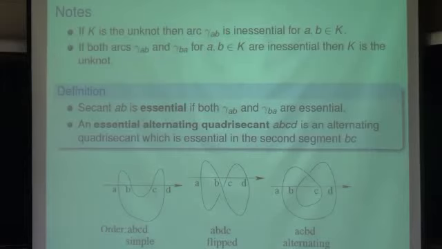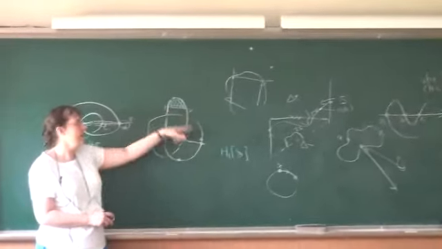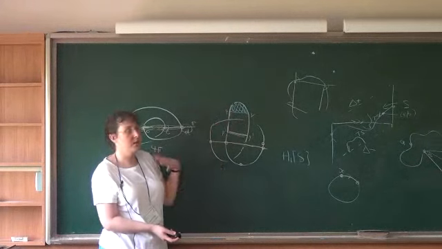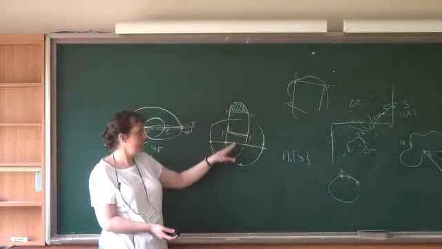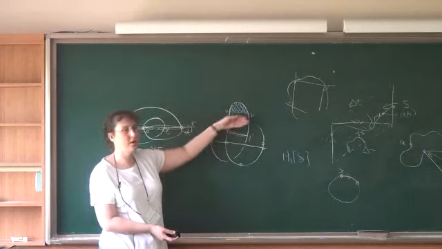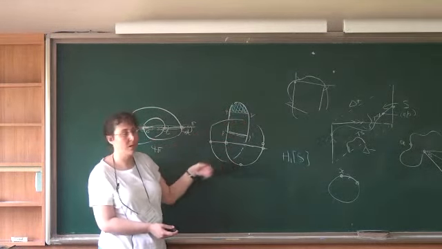So I want to talk about a secant being essential if both arcs are essential. So here, this arc is inessential, but because this is a knot, the other arc has to be essential. So when I'm talking about essential secants, I'm interested in these guys. I have to be essential on both sides.